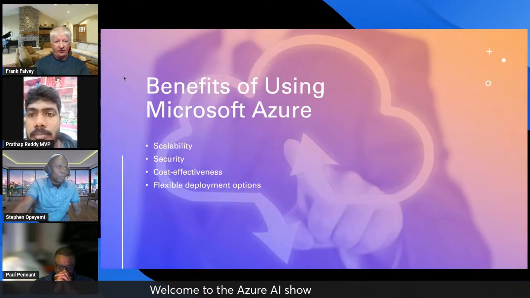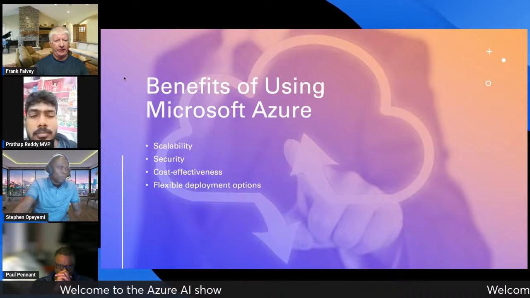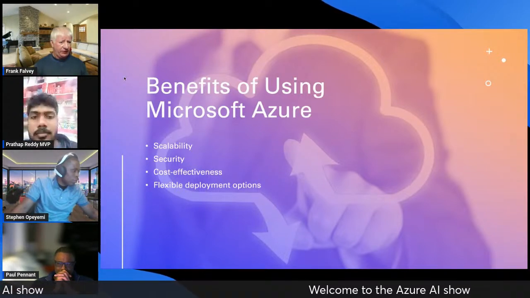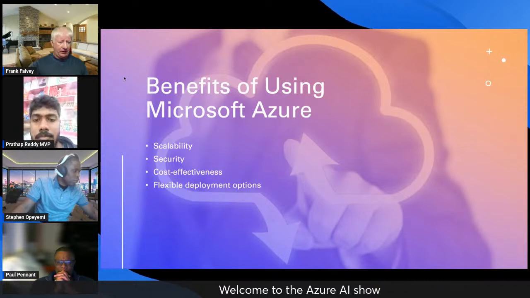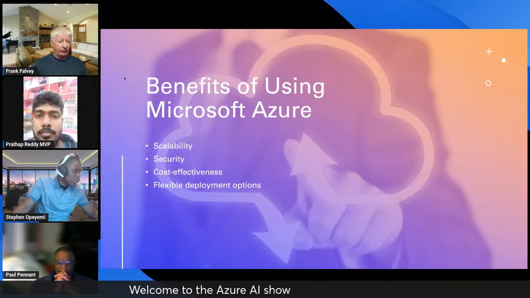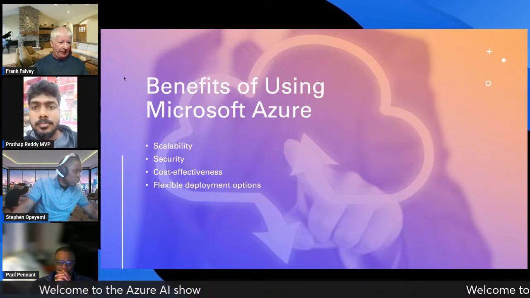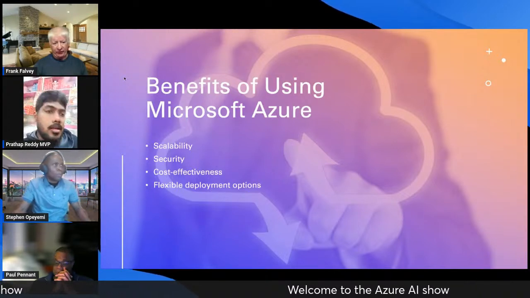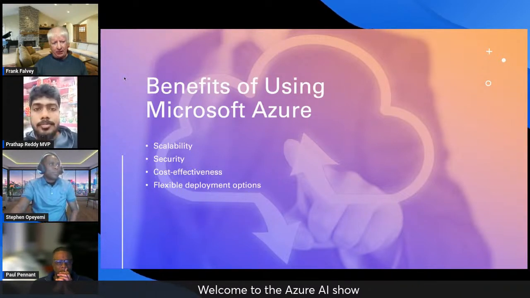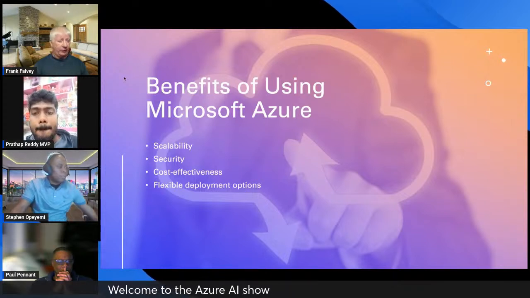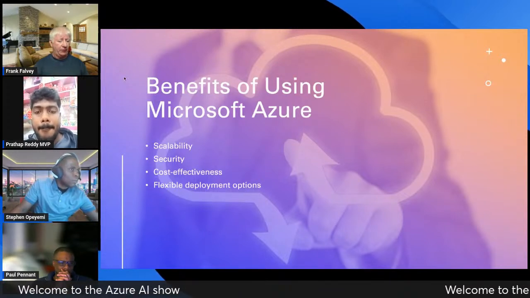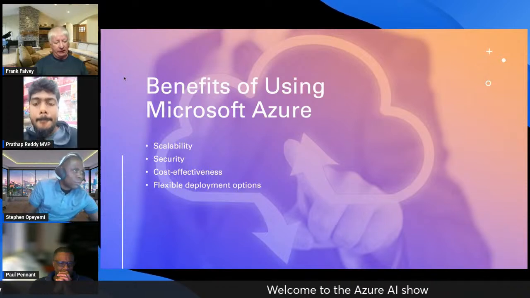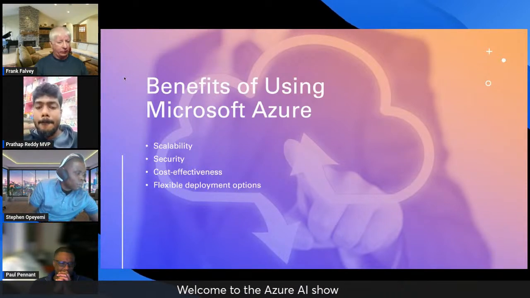So this is only just kind of a brief overview of it, right? Benefits of using it. The scalability, so you can scale it out as much as you want, how much resources you need, and you scale it back in again then when you're finished. Security, very secure. Like here in Ireland, we have a region in Ireland, it's called Northern Europe.